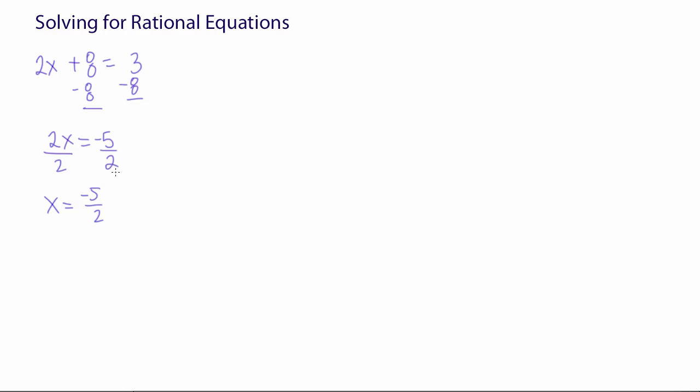We got to solve for x. Well, sometimes it's a little bit weird doing rational equations. Let's see. How about if we had 2x over 3 plus 1 over 8 equals 3 over 8.